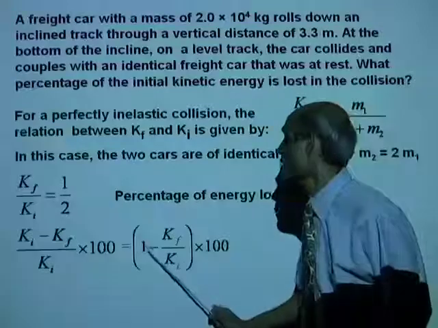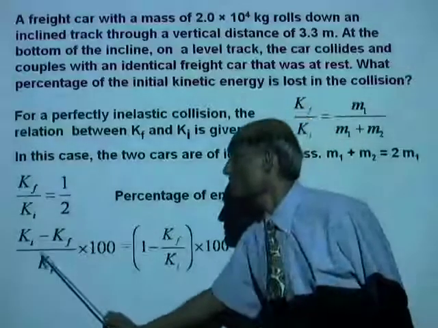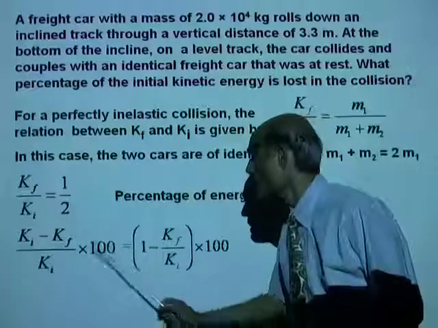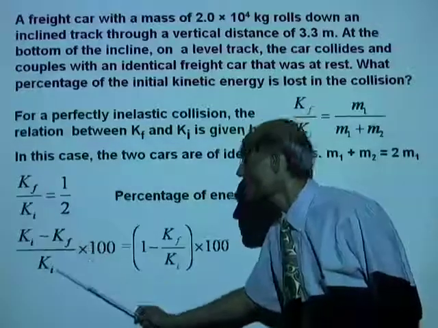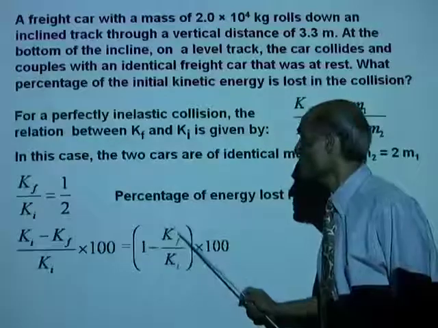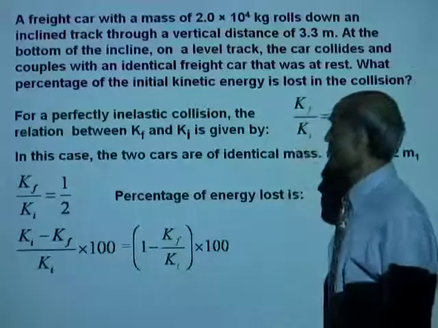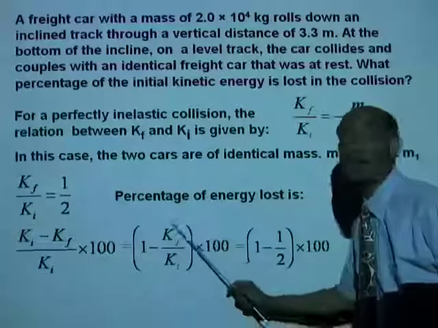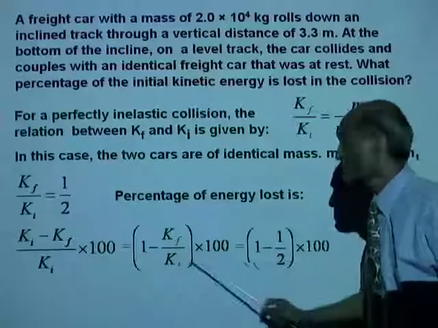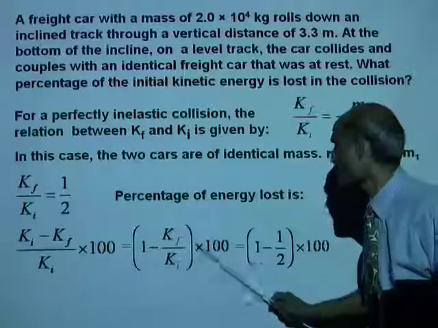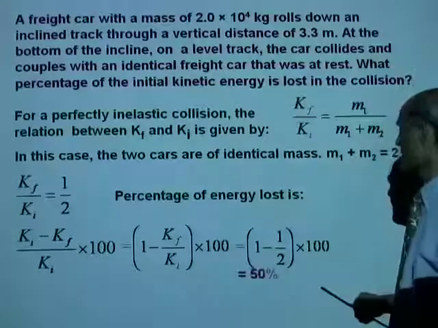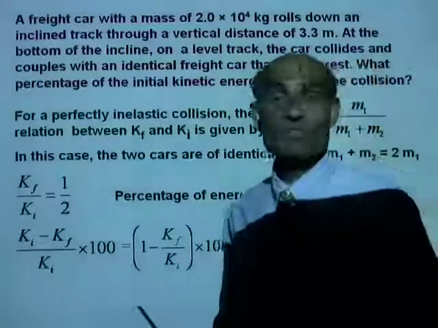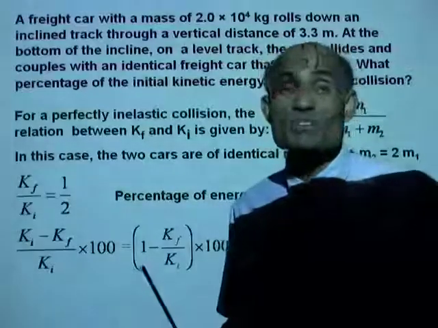Ki divided by Ki is 1, so that is 1 minus Kf over Ki, multiplied by 100. And Kf over Ki is 1/2. So this will be 1 minus 1/2 multiplied by 100. That is 50%. 50% of the original kinetic energy is lost.